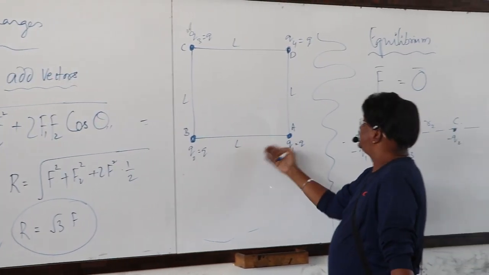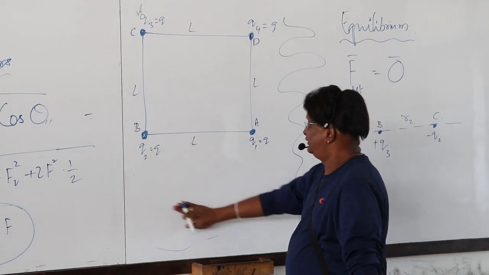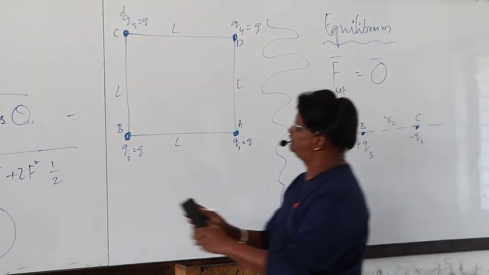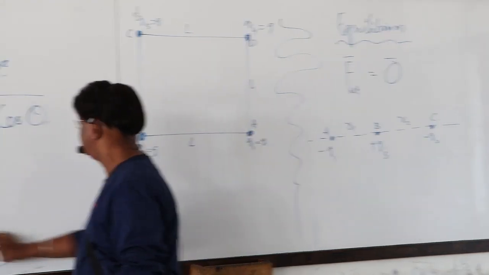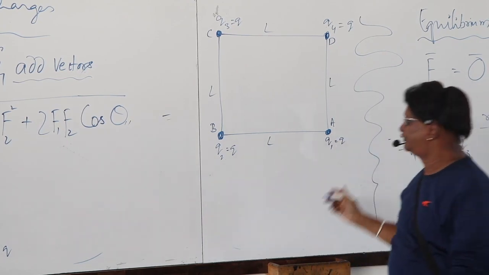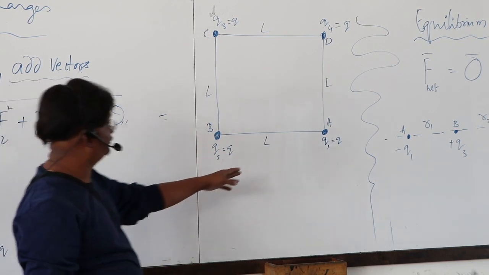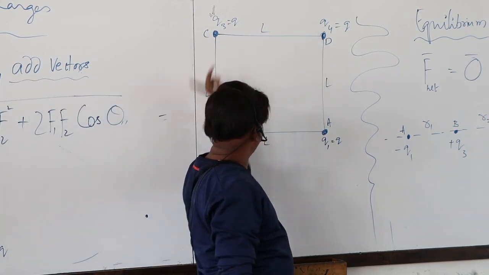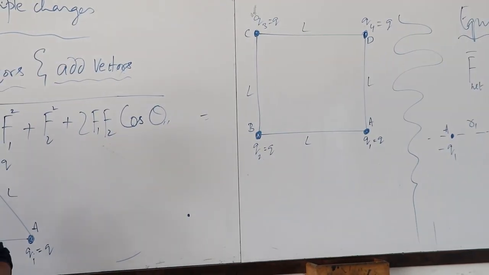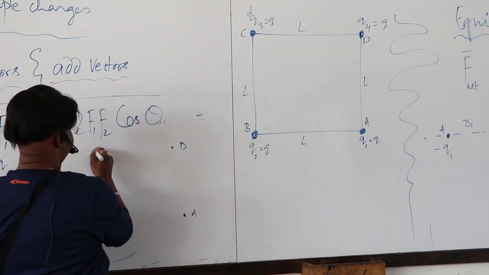Here also it is complete symmetry, all identical charges at the 4 vertices and each side L. Now supposing I want the net force on any of the charges, then consider the charge at B or the charge at A. Supposing at A, let me draw all the forces one more time. These are like charges, so you will find them repulsive. Draw vectors according to the sign of the charges. So this is A, this is B, C and D.